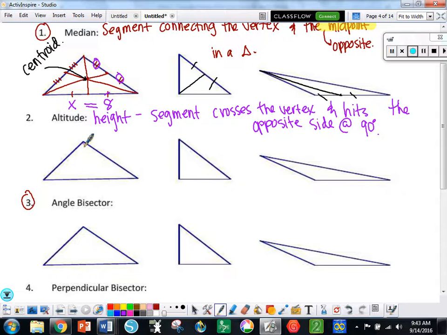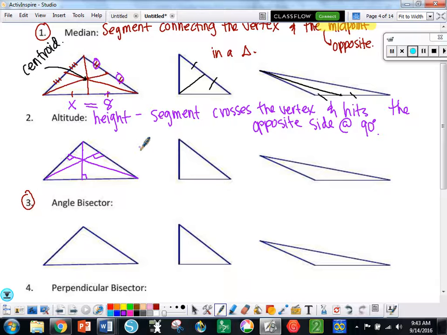So right here, it's going to come straight down. It's kind of hard to draw. This one, from the vertex, those would be the 3 different altitudes.